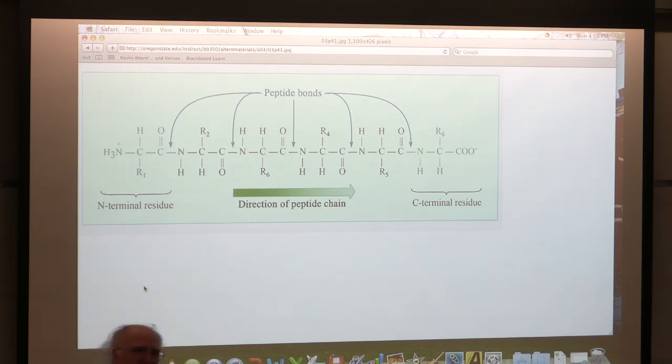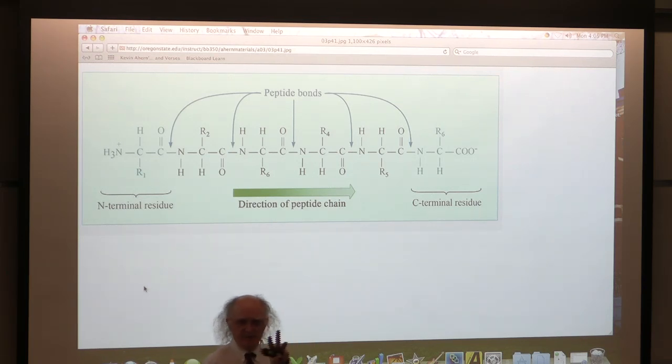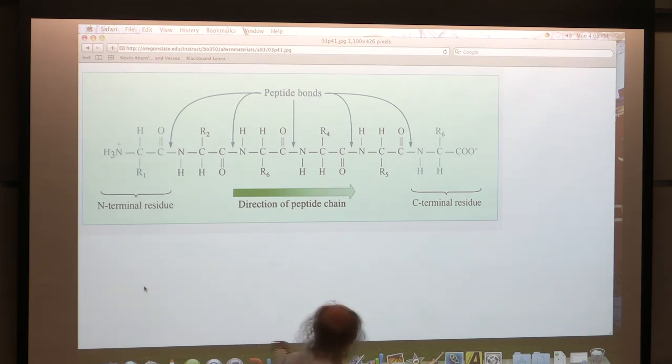So if I were to try to calculate the charge on a polypeptide, the way that I would do it is I would have to think of three main things. The alpha amine, because you can see it still has the possibility of being charged. I have to think about the alpha carboxyl. It has the possibility of being charged.